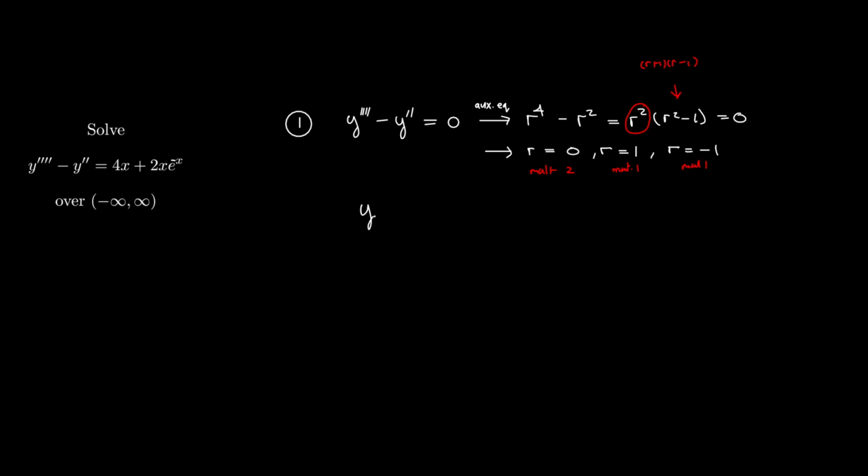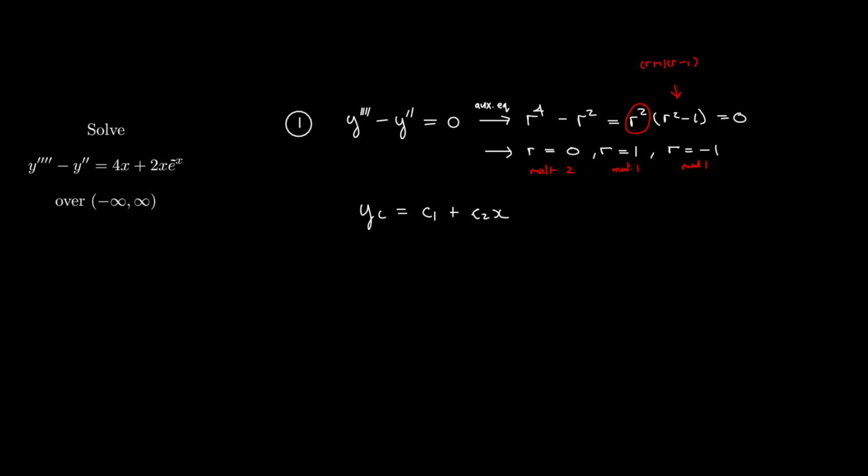The complementary function is just going to be given by, since this is a root of multiplicity 2, C1, so e to the 0x times the general constant, but that's just going to be C1, plus x times e to the 0x, which is just going to be C2 times x.